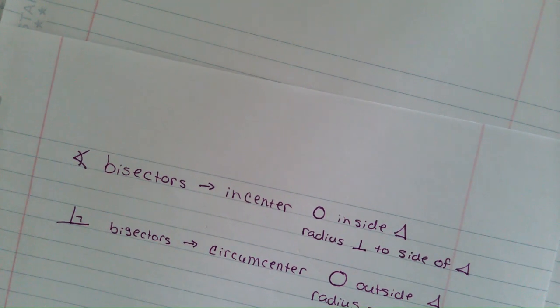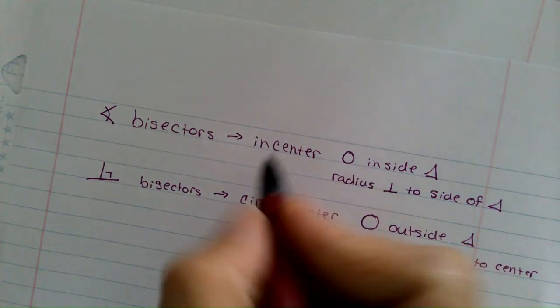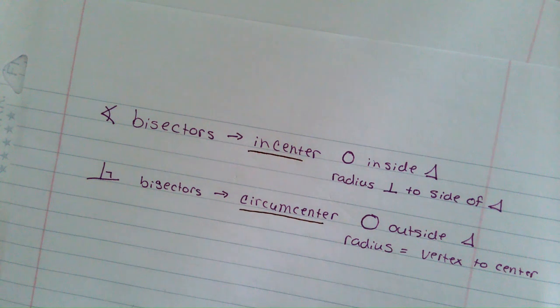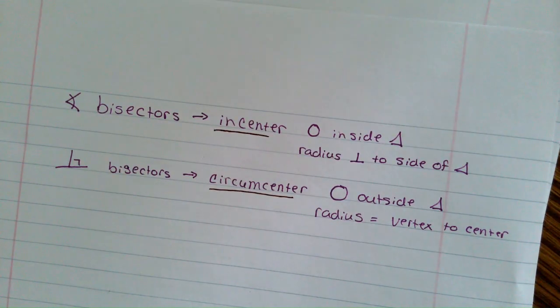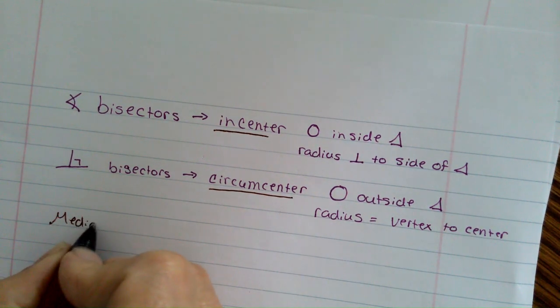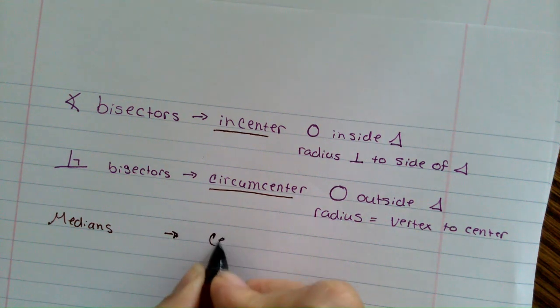So if you watched my video on angle bisectors and perpendicular bisectors, you would have found out that we had the incenter and the circumcenter. So we just expanded to that. If you did the medians, that's going to lead you to the centroid.